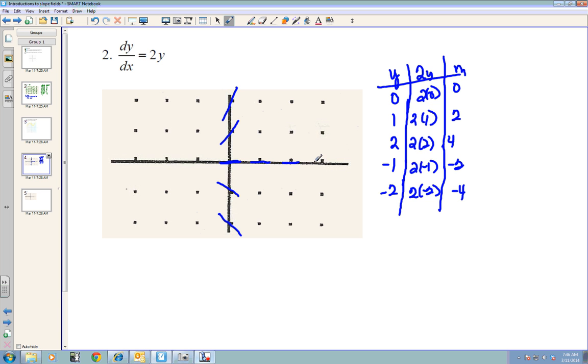And you see that this time, all of these will be the same going this way. This way, all of those should look the same. Mine may not look exactly the same.